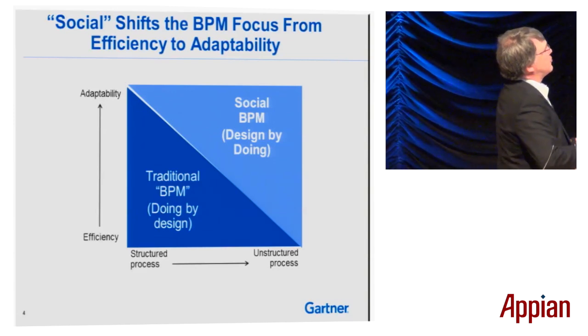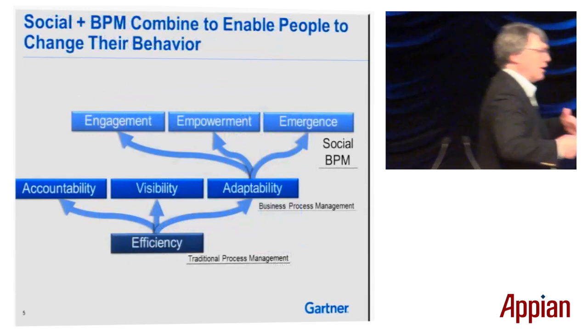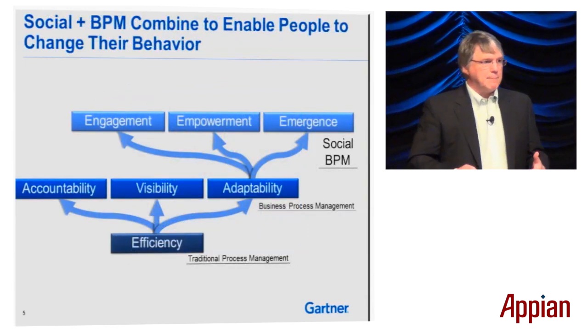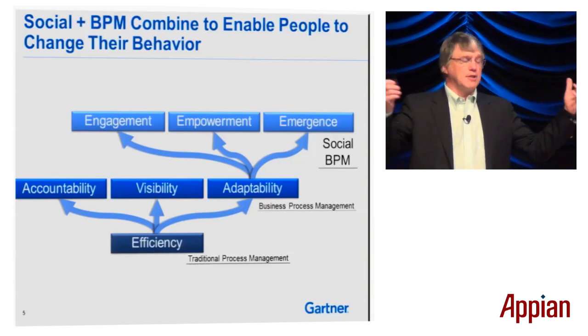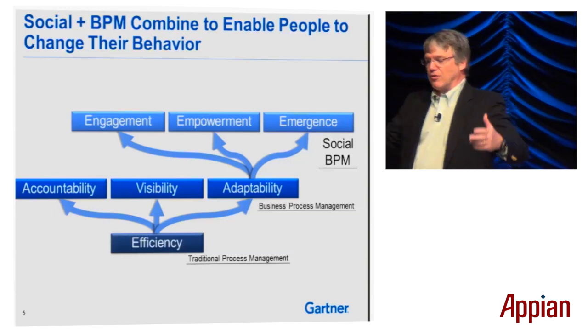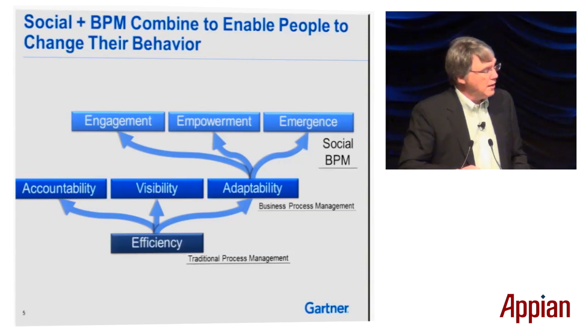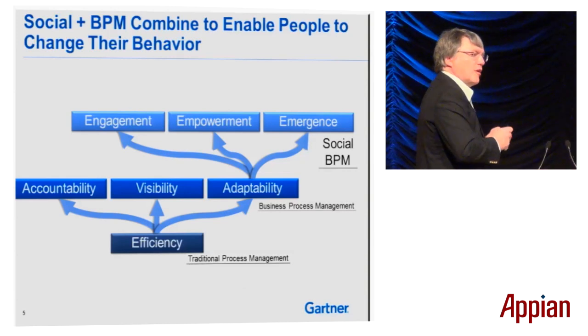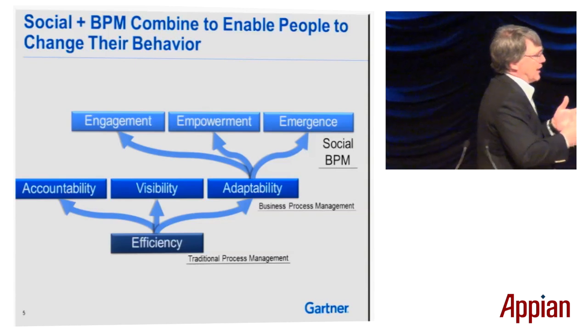Now, one last way of looking at this in terms of why social, why are we adding it to BPM? I'm struggling just to get BPM done. Why are you asking me to do this extra thing called social, as if I don't already have enough to do? It's really this take on the relationship.